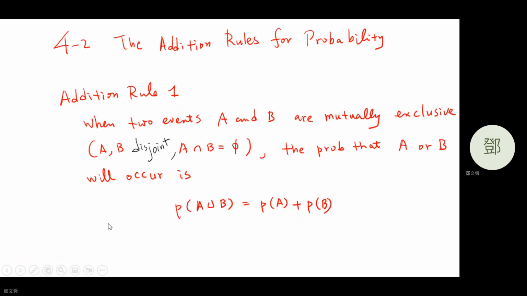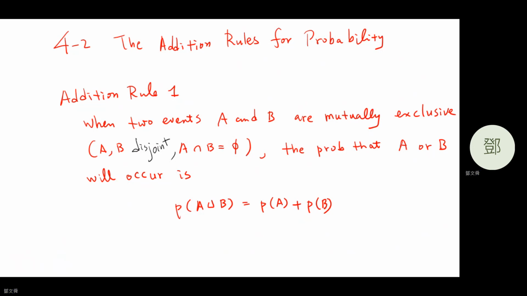When they are disjoint or mutually exclusive, then the probability that A or B will occur, denoted P of A union B, is given by the sum of P(A) and P(B).